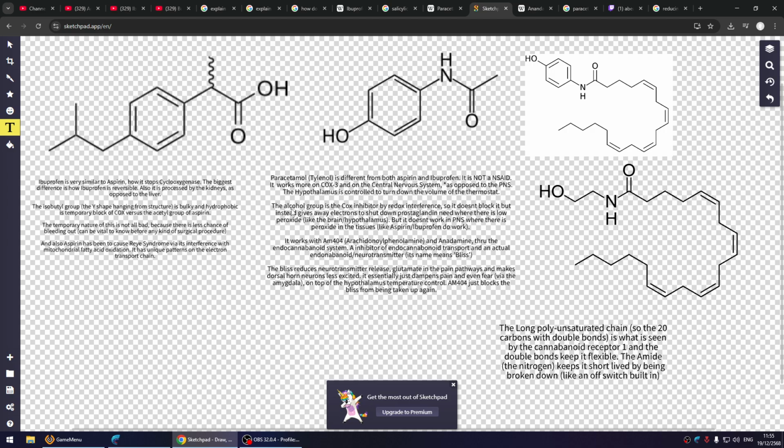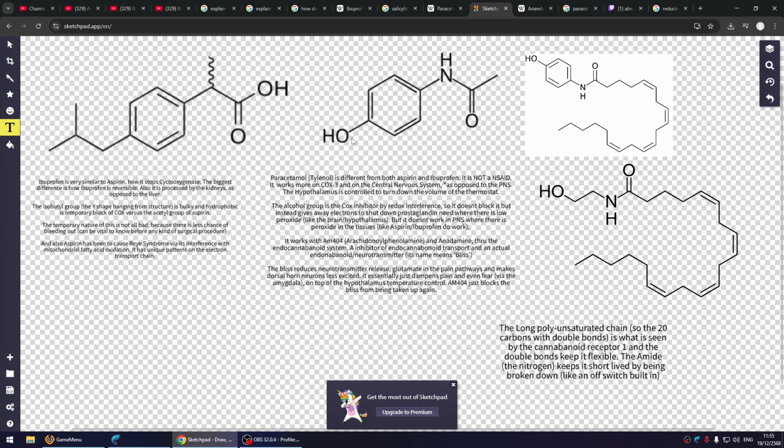So the alcohol group right here is the cyclooxygenase inhibitor by redox interference. So it doesn't block it like this part does, the ibuprofen, or the acetyl group of the aspirin.